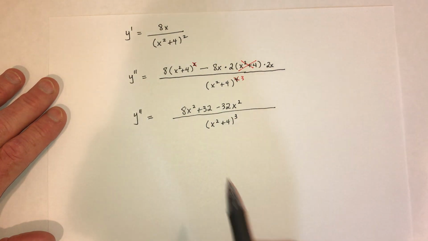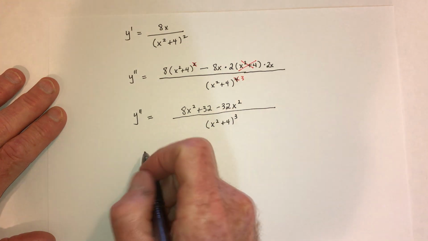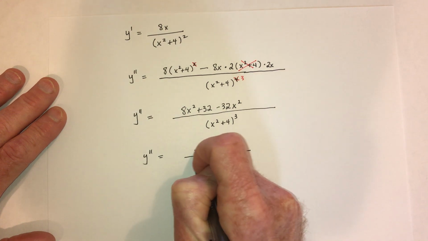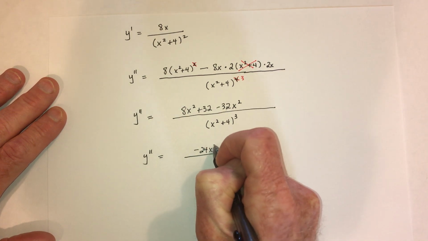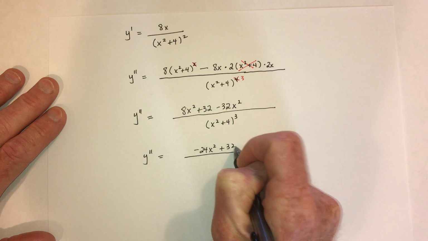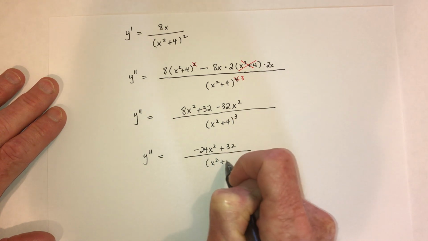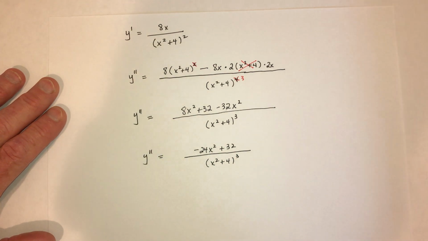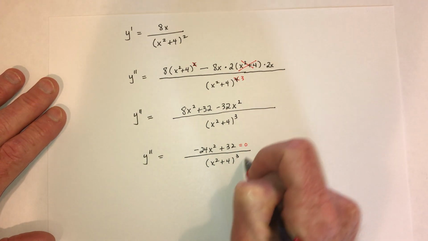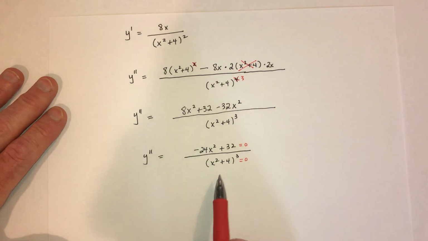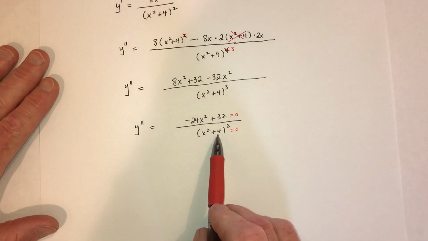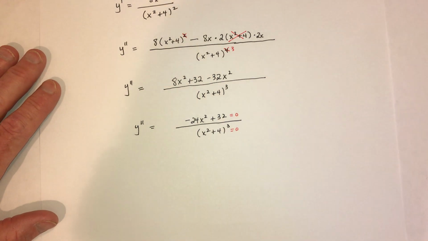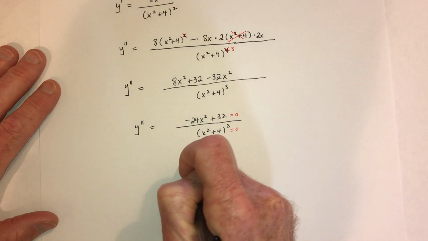And then negative 32 and 8. So that's going to leave negative 24x squared plus 32. So then set the top equal to 0 and set the bottom equal to 0. Well, previously I set this one equal to 0 and it was an imaginary number, so I'm not going to fall for that again. But the top, yes, that could equal 0.